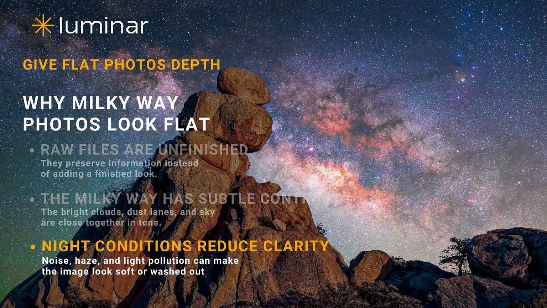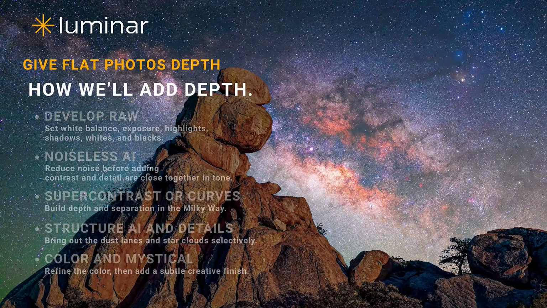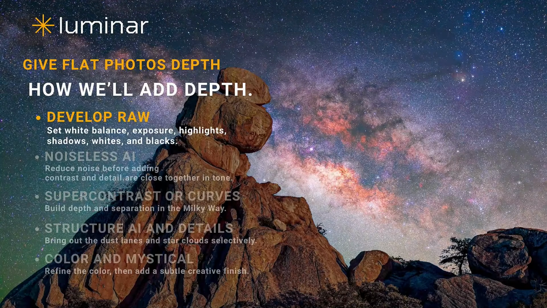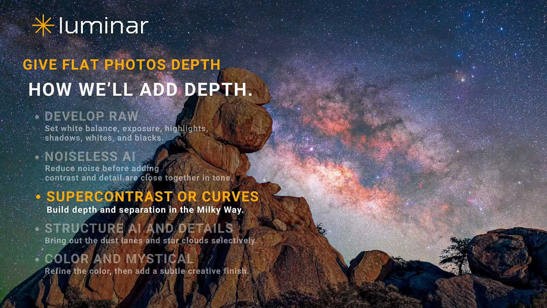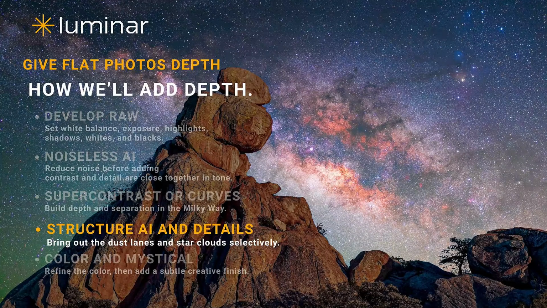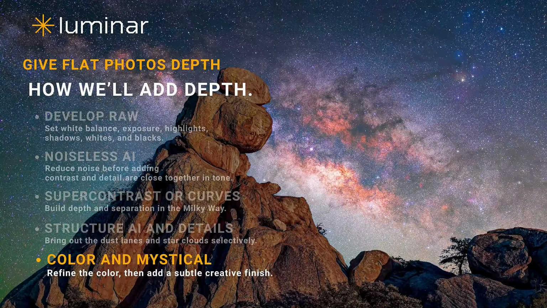All right? Now, how can we add depth? We can develop RAW. We'll set the white balance, and we'll go through a couple of the settings. We'll use Noiseless AI, Super Contrast or curves, Structure AI and details, and then the last is we're going to add a little color, and you know what?